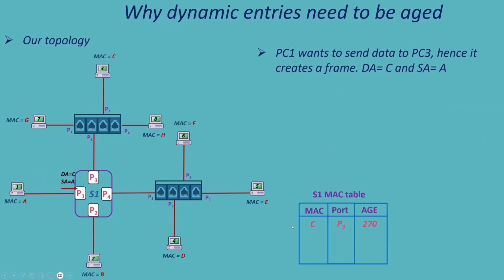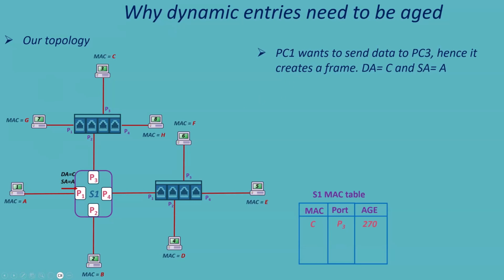Now see, I have depicted here the age to be 270 for MAC address C. That means it has been 30 seconds between when PC3 had sent out the frame. That's the reason after 30 seconds, the MAC entry C has aged down from 300 to 270. So after 30 seconds, the switch is receiving this frame from PC1.